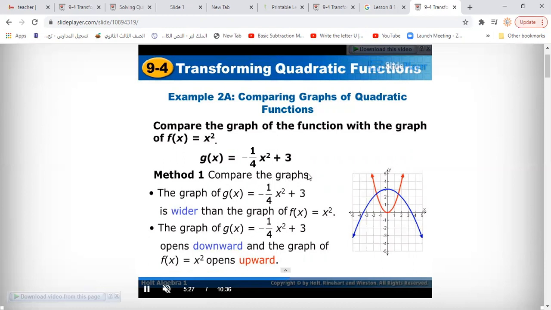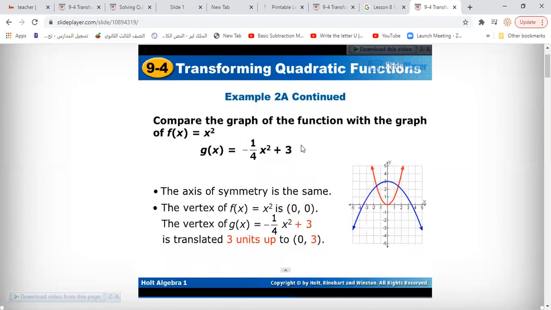If I want to compare the graphs, then we will discover that the absolute value of a here is 1. The absolute value of negative quarter is quarter, which means the graph of g of x is the wider one.